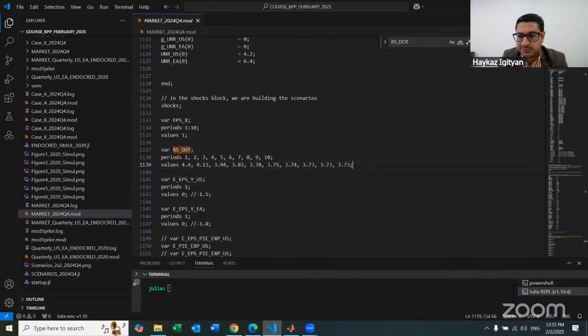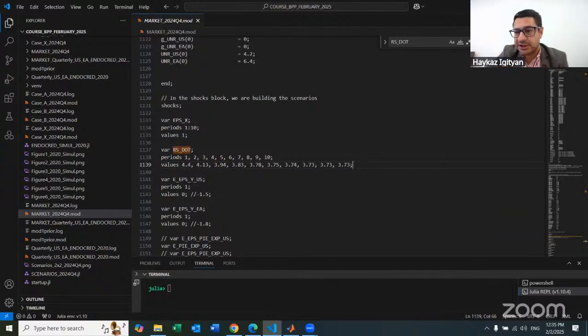Yeah. And this is the path that we force it to not go far away from the path that we think. Exactly. And this is just the Atlanta Fed tracker number that we need to update each time manually, yeah? Yeah, exactly. You said everything correctly.